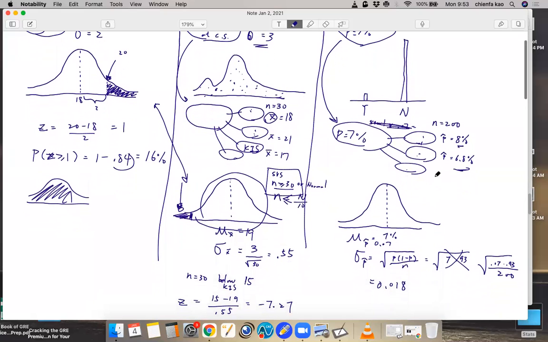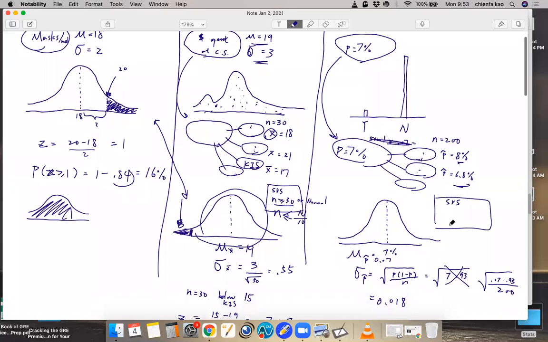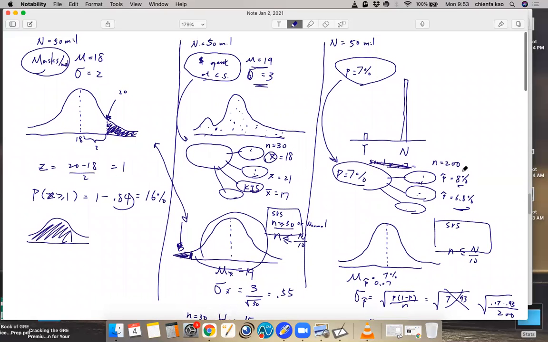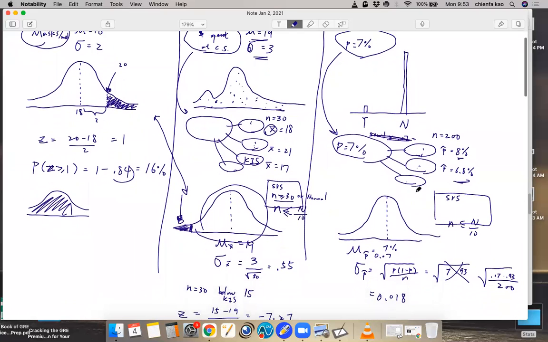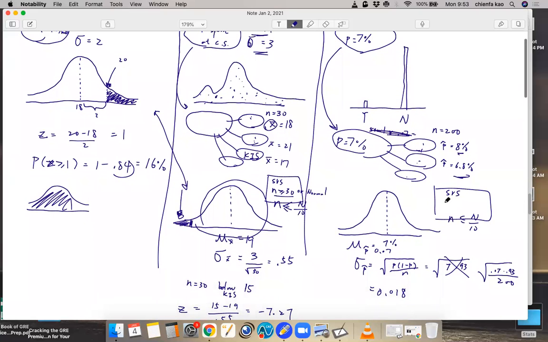All right, now the conditions for this, same thing, SRS. And then the same thing for the third rule, it has to be less than 10% of the population. There are 50 million, we only pick 200. 200 is way less than 10% of 50 million. But this one is slightly different.